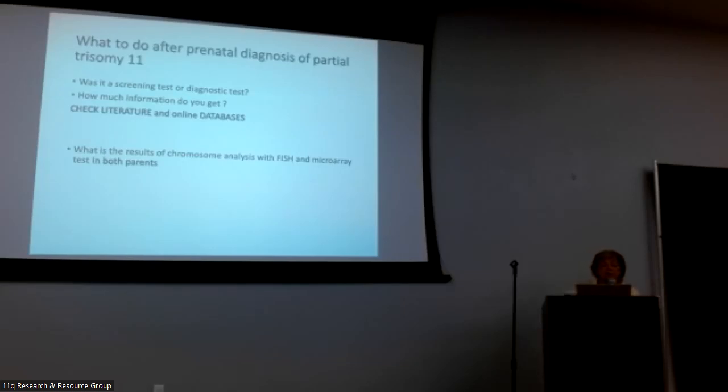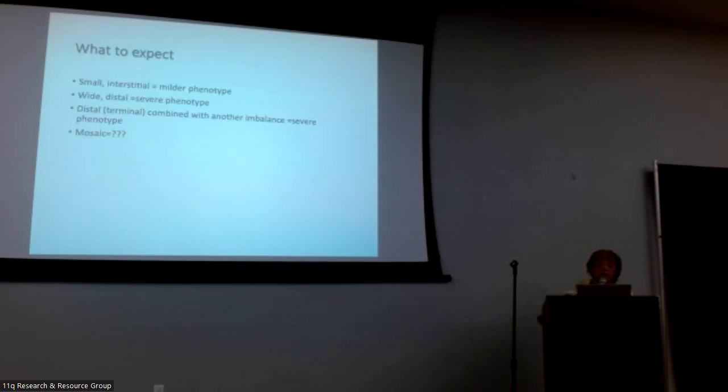So what was the test, a screening test or a diagnostic test? How much information do I get? Of course, you check the literature, online databases of cases with a similar imbalance, and check the results in parents with the chromosome analysis and FISH and microarray.